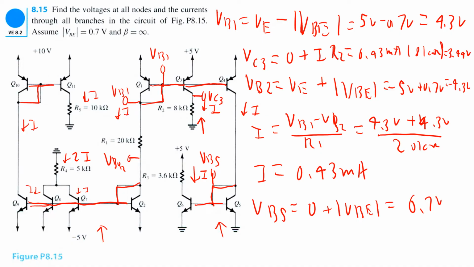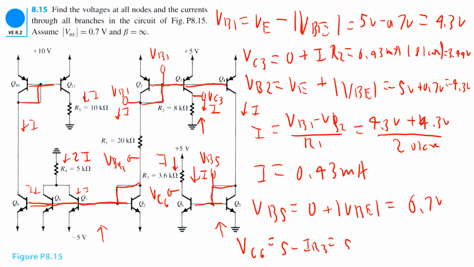And I know the current going through here, it's mirrored, it's I. So how could I find the voltage here? This is the voltage at the collector of Q6. So the voltage at the collector of Q6 would be equal to 5 volts minus IR3.